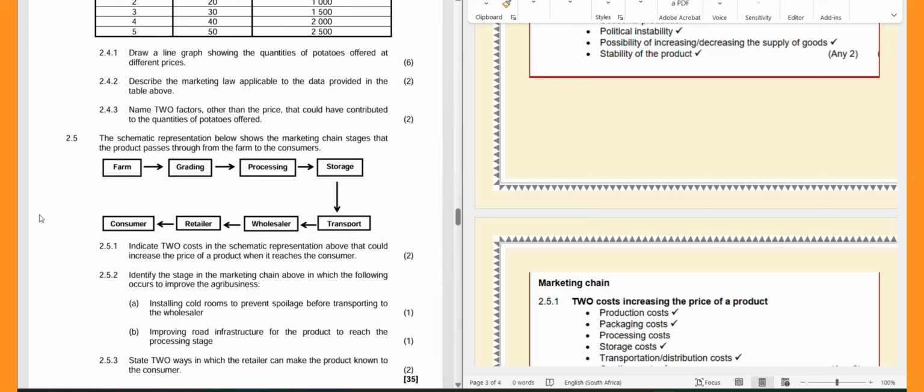The processing costs, that's when, let's say, we run these farming businesses. These farming businesses deal with livestock, the rearing of animals, and we have this cattle. Okay, so we get milk from this cattle, the dairy farm.